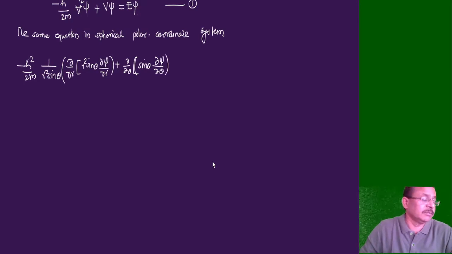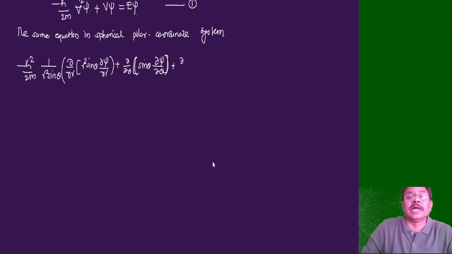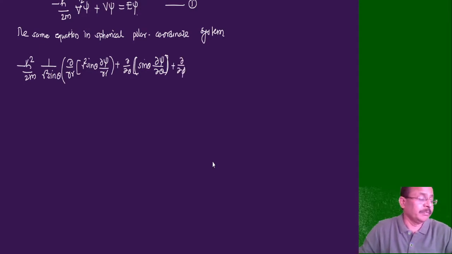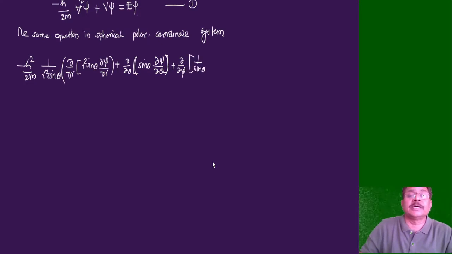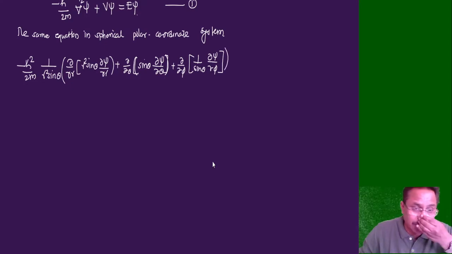This is the second term, and actually this is a square bracket, plus del upon del phi in the bracket, it is 1 upon sine theta multiplied by del psi upon del phi. This is the last term in the Laplacian. So this is the Laplacian operator.